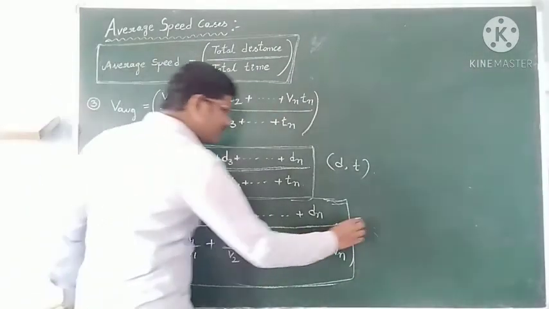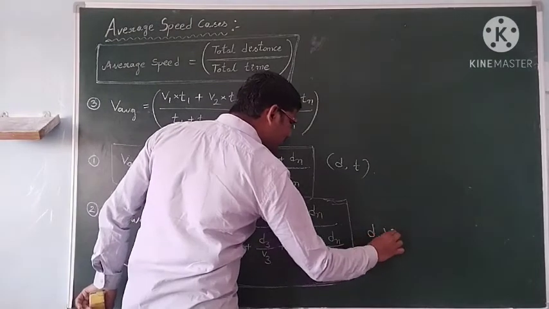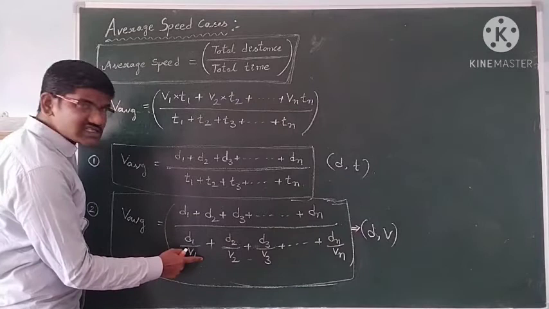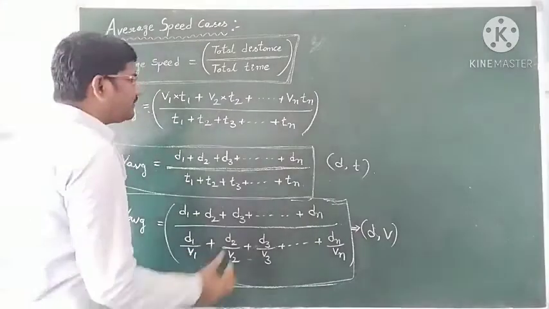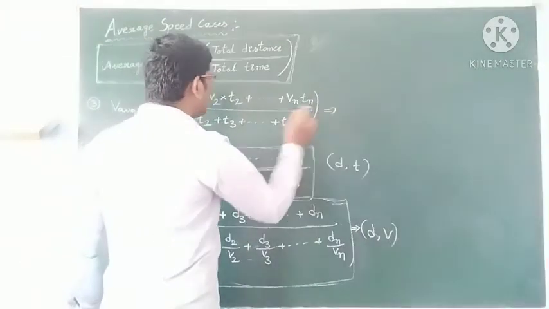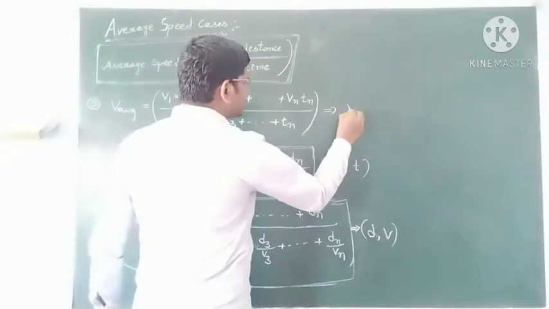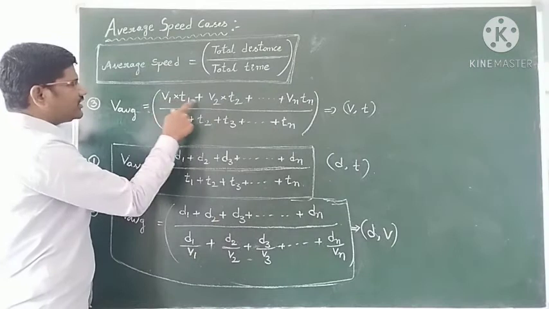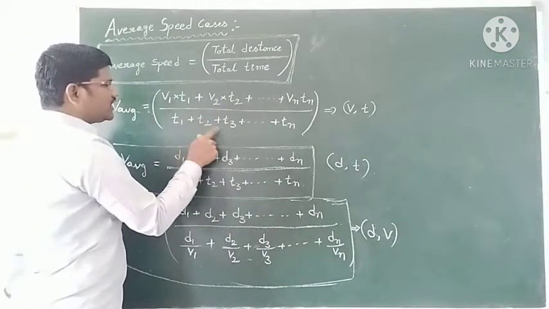And this is the average speed formula in terms of distances and speeds. Here the only variables are distances and speeds. Then use this formula. And this is the average speed formula with different speeds and different times. Okay, see, we have only V1, V2, Vn, T1, T2, Tn.